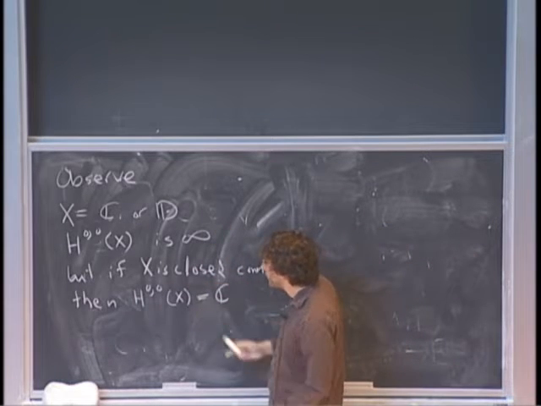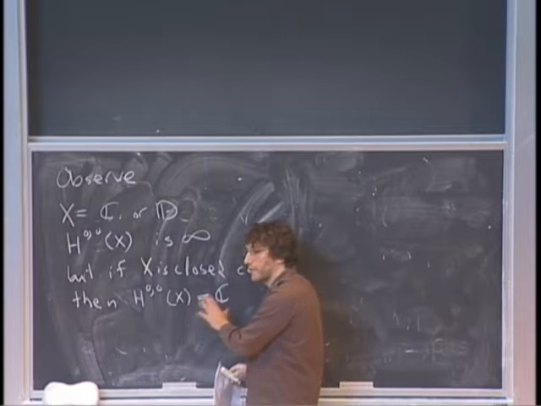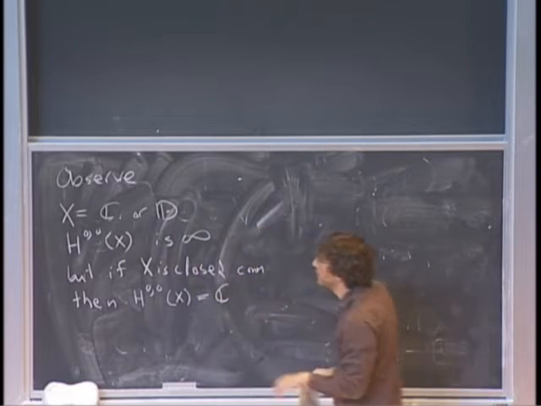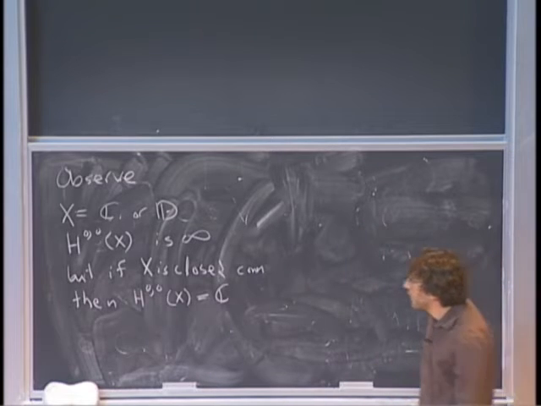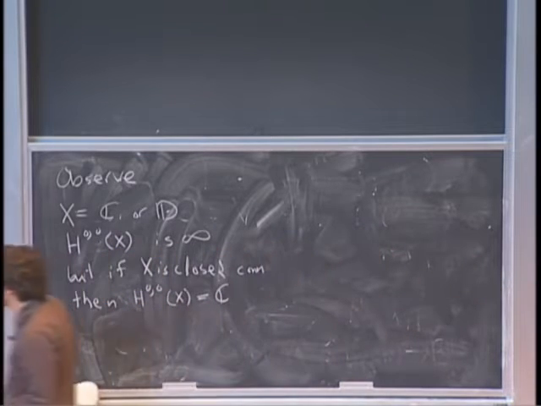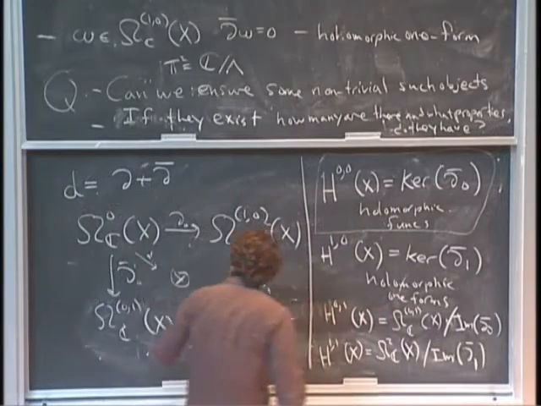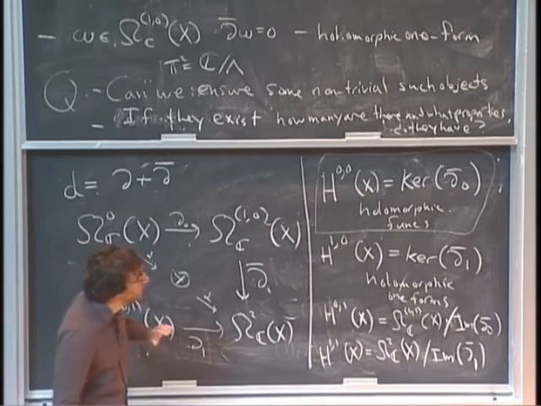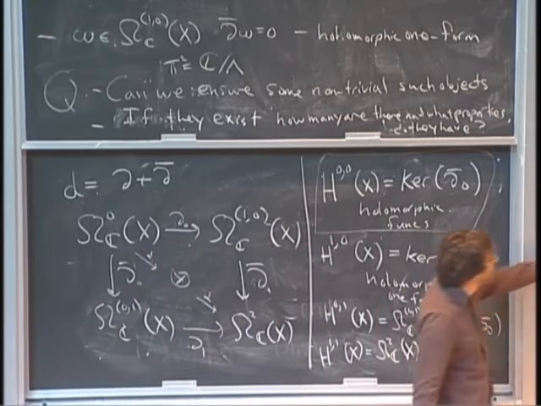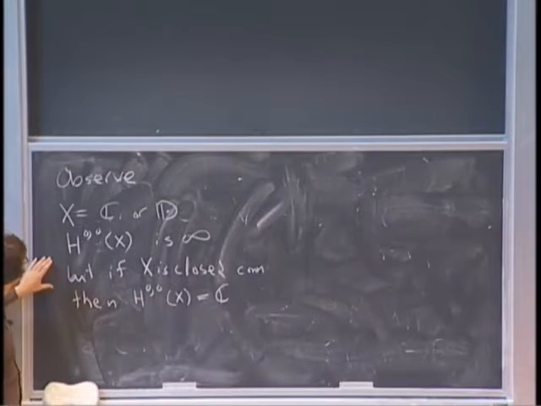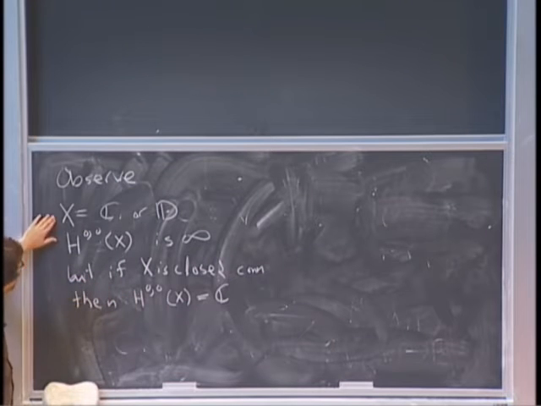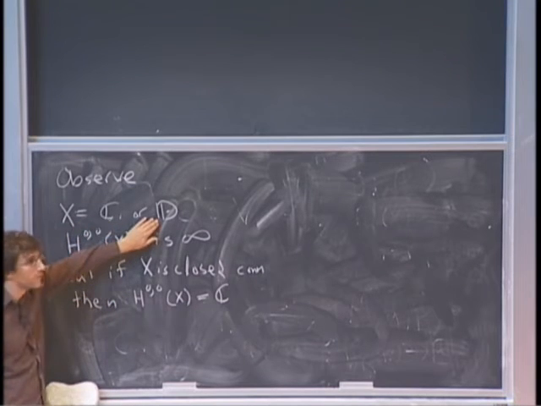Somehow in the closed case, we get much closer to what we would expect from the de Rham theory, where it's one-dimensional rather than this infinite-dimensional case. The other thing is, we're using these operators that are coming from the Riemann surface structure, so we expect that the Riemann surface structure should tell us something. So of course, in the closed case, these are all the same. But already in the open case, we can see that there's a distinction between these two.